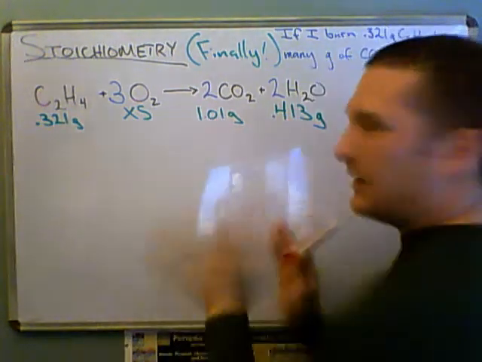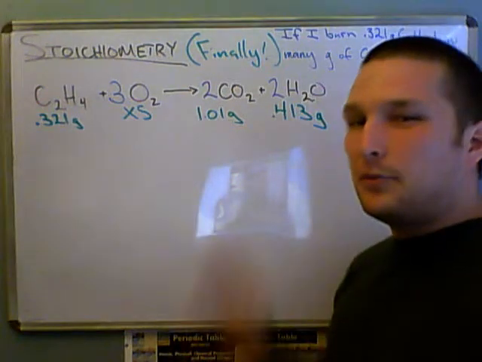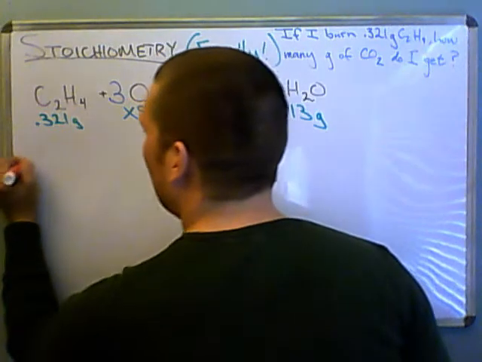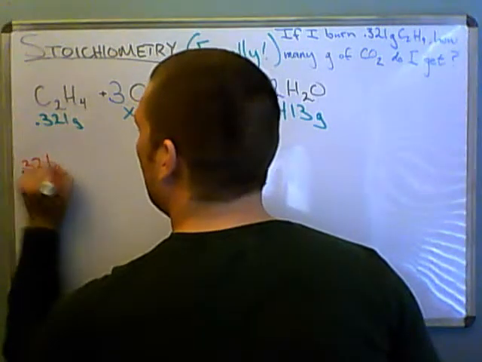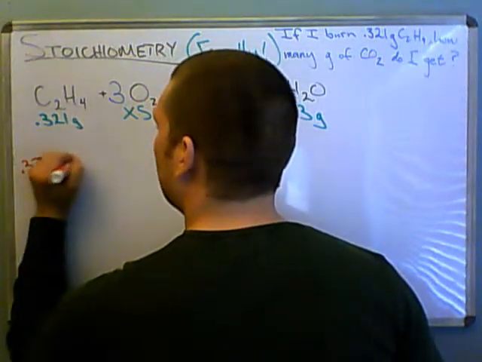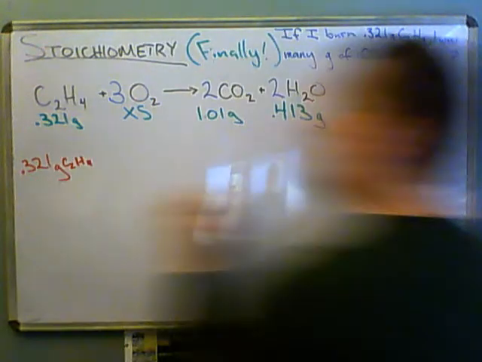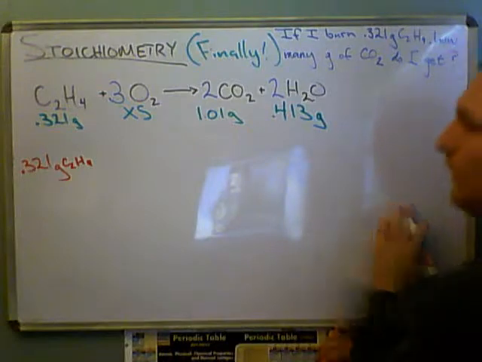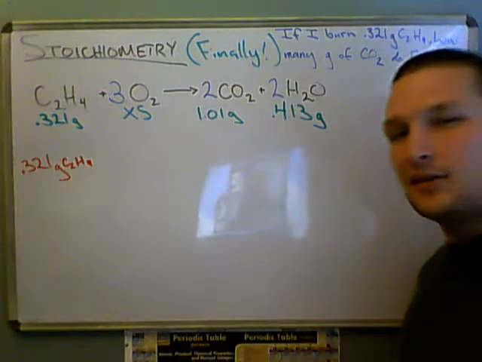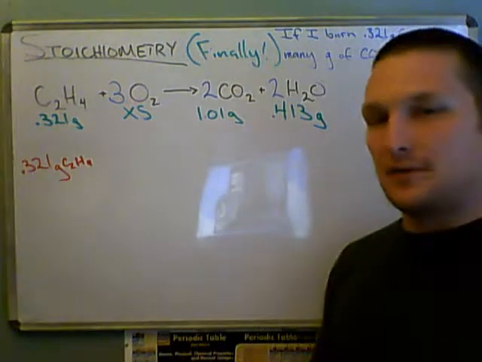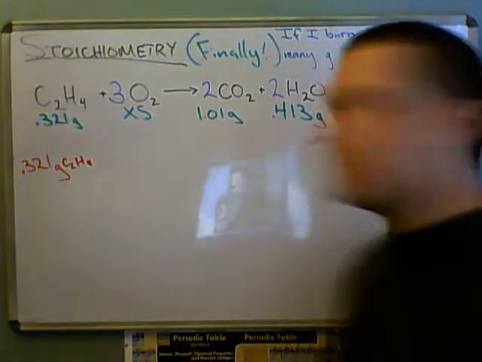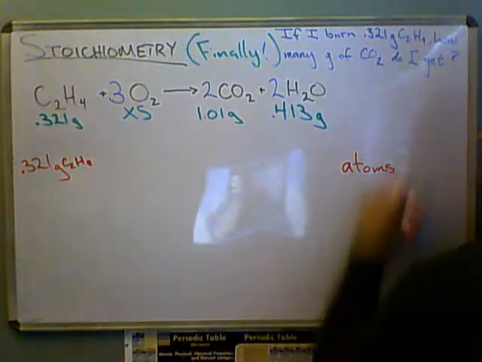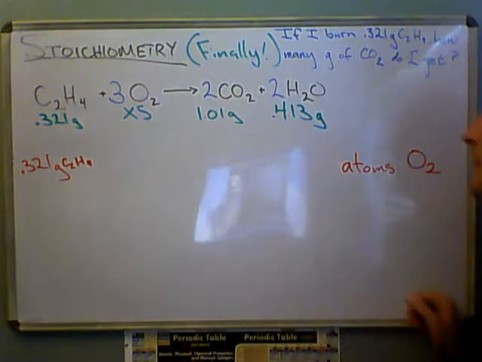This was all calculated, so I'm not going to put much faith into that. I'm going to start off with what I know, which is 0.321 grams of ethene, C2H4. And I wanted to find out, let's say, how many atoms of O2 were used up.